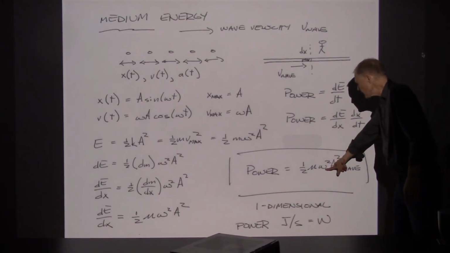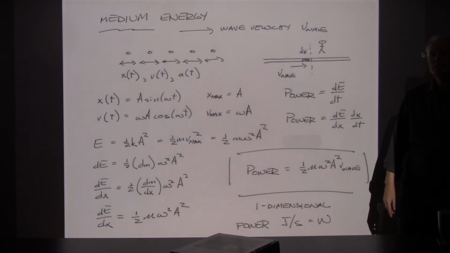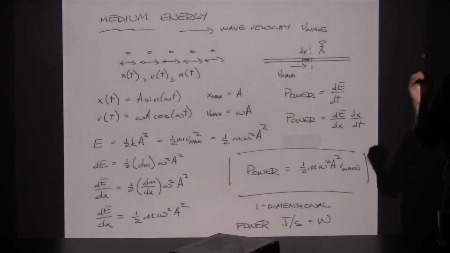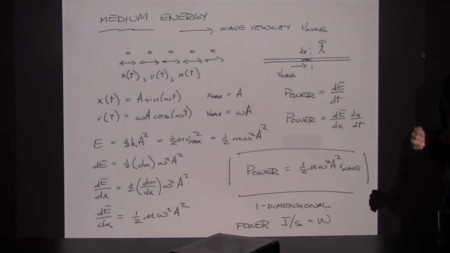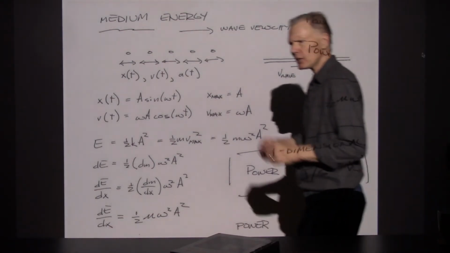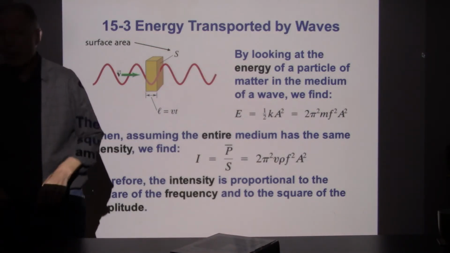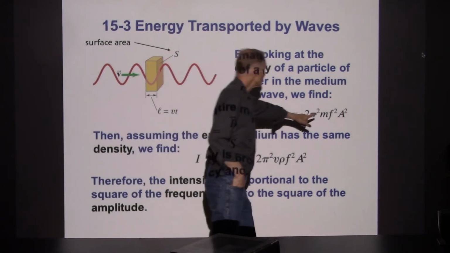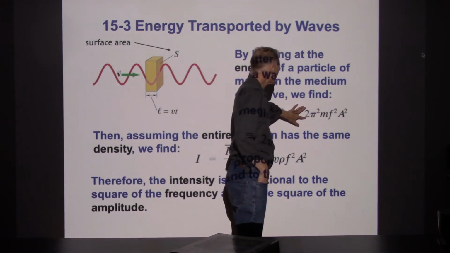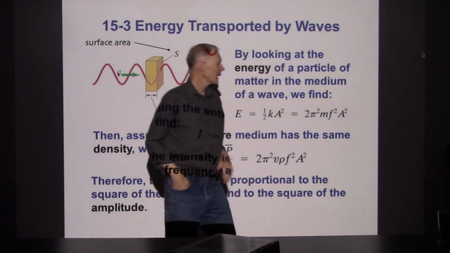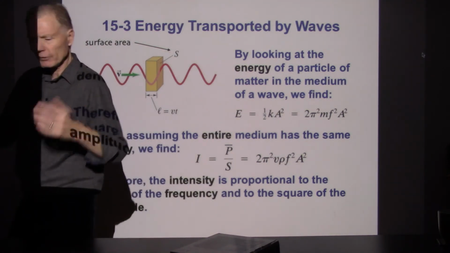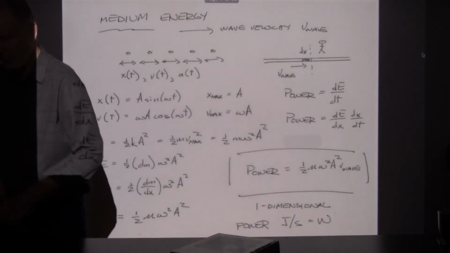Now, I like keeping the formulas in terms of omega. Omega is more direct. When we're doing these derivations, it's omega that we're working in terms of. The textbook likes to write this in terms of frequency. And that's fine, but when you write it in terms of frequency, you get these extra factors of 2 pi out front. So everybody has their preference here, I guess.